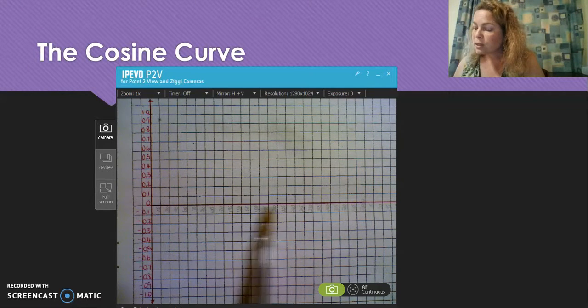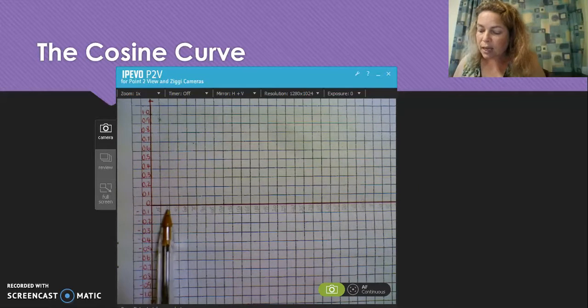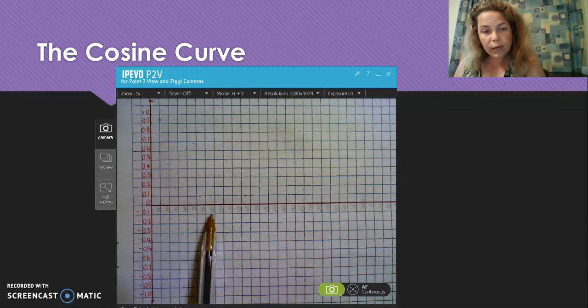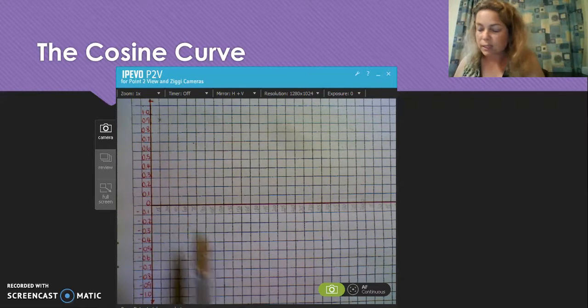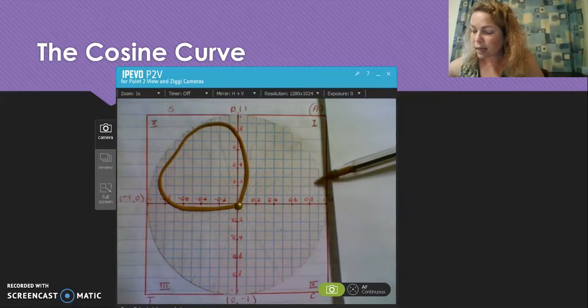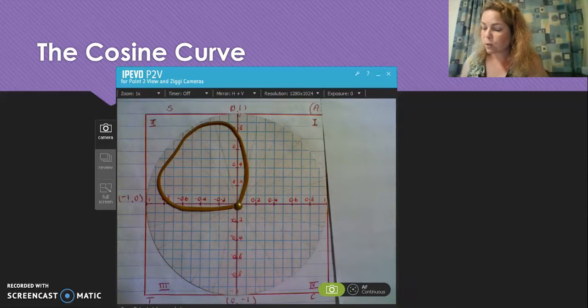And along the x-axis, you can see very faintly that I've marked, each line equates to one of the sectors around our unit circle. So I've got 15, 30, 45, 60, just as here, I have 15, 30, 45, 60, and so on.